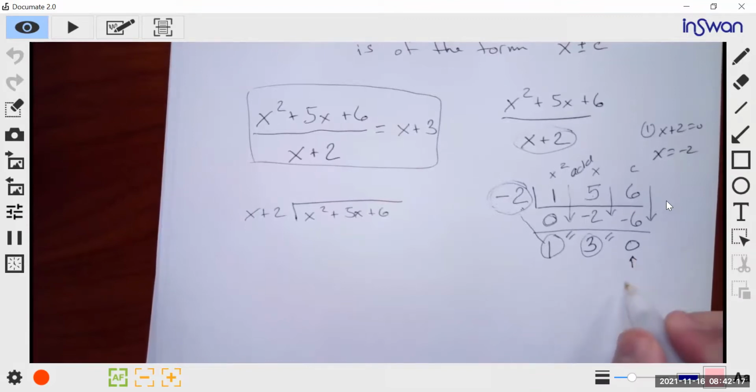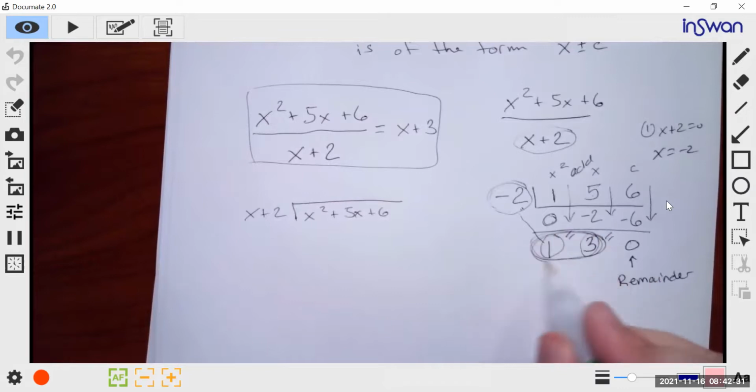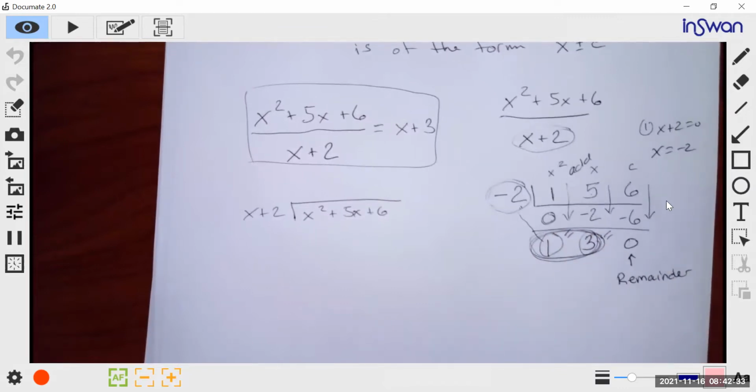This last number is your remainder. And these, the 1 and the 3, are the coefficients of your answer.